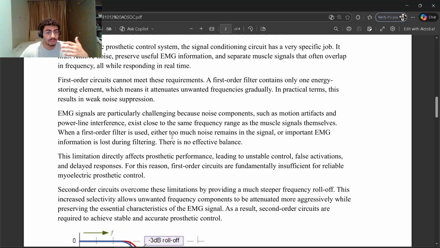The EMG signals are particularly challenging, again, because of noise components such as motion artifact and power line interference. These interferences exist close to the same frequency range or band as the muscle signals themselves. So when a first order filter is used, either too much noise remains or the important EMG information is lost during filtering.